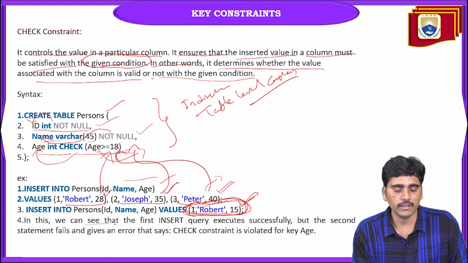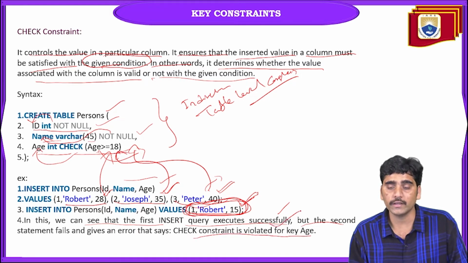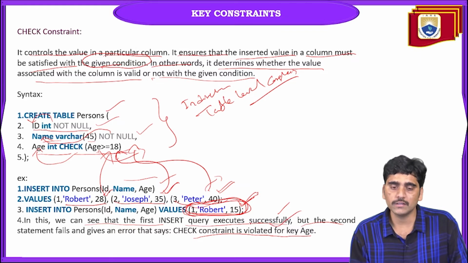We can see that the first insert query executed successfully, but the second statement fails and gives an error that says check constraint is violated for key age.